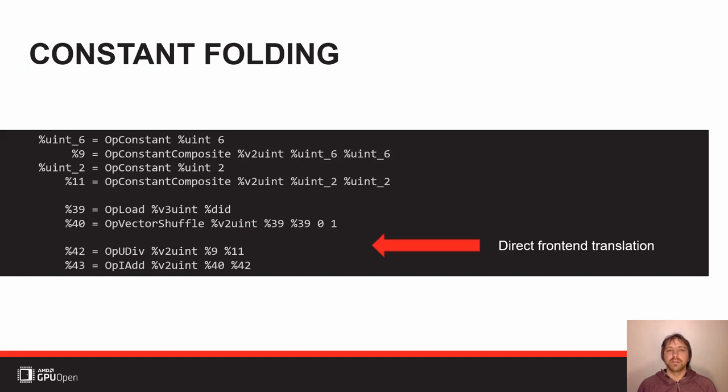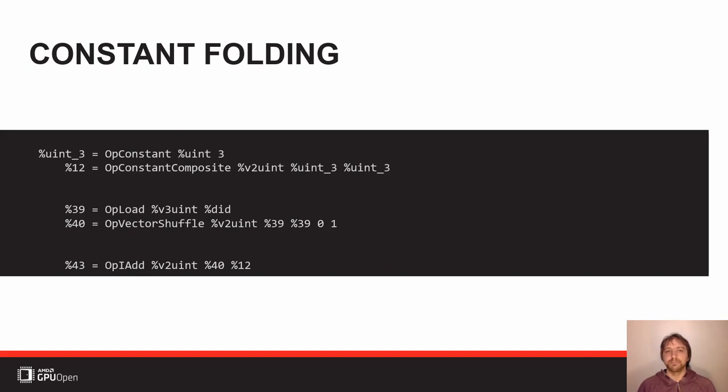They're %9 and %11. And thanks to SSA, they are only assigned to once, and they're assigned to a constant. So the compiler can know that both operands of the division are always going to be exactly those constants. So you can just do the division immediately at compile time and replace the division by the literal constant 3. Right, so that's constant folding.